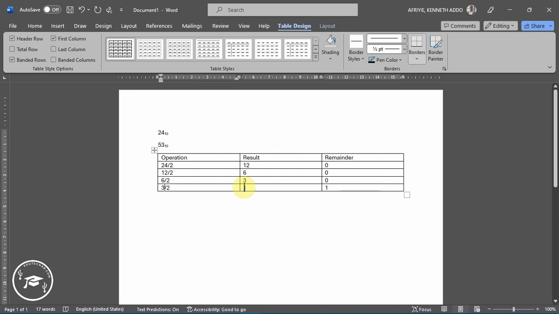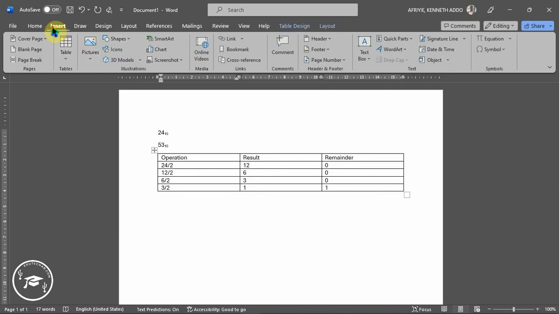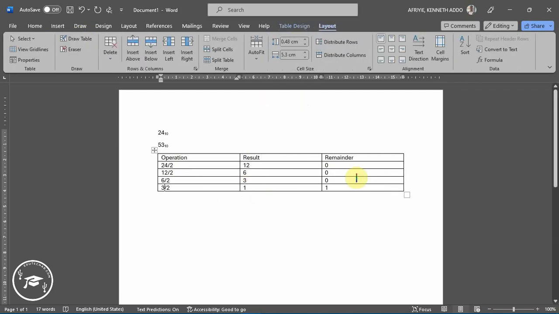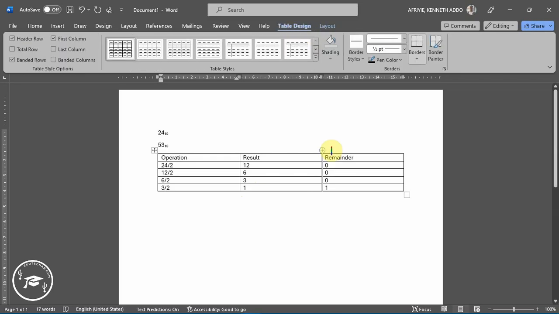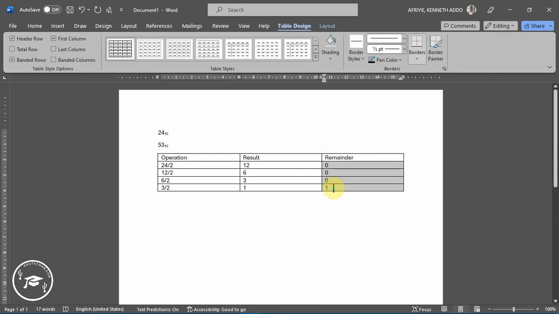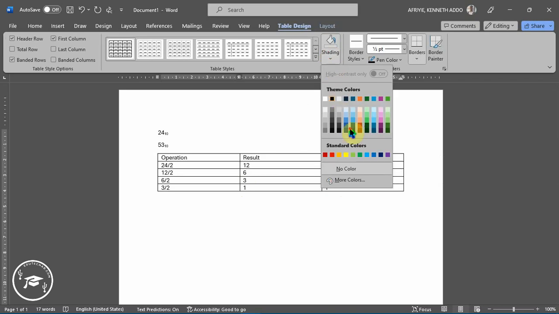Great. Since 2 can no longer divide the number 1, this is going to be our answer, right? So let me shade this table. So this is going to be our answer. Great.